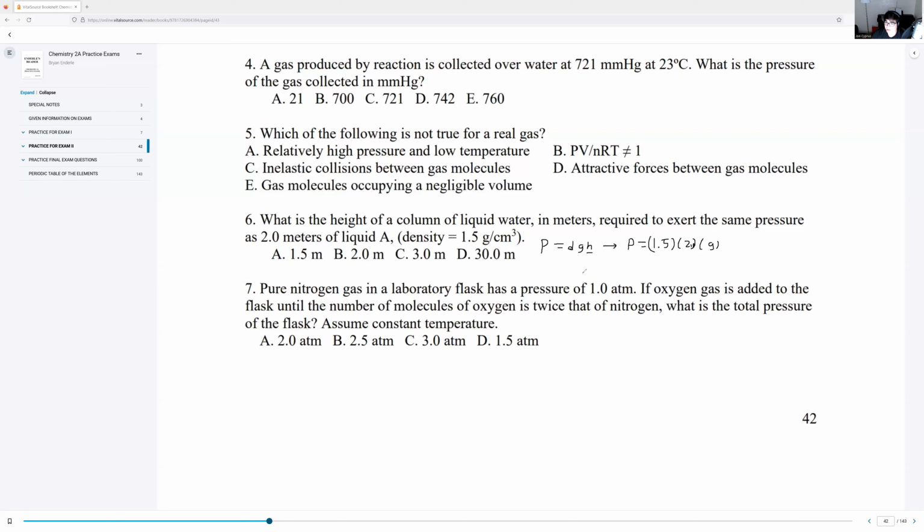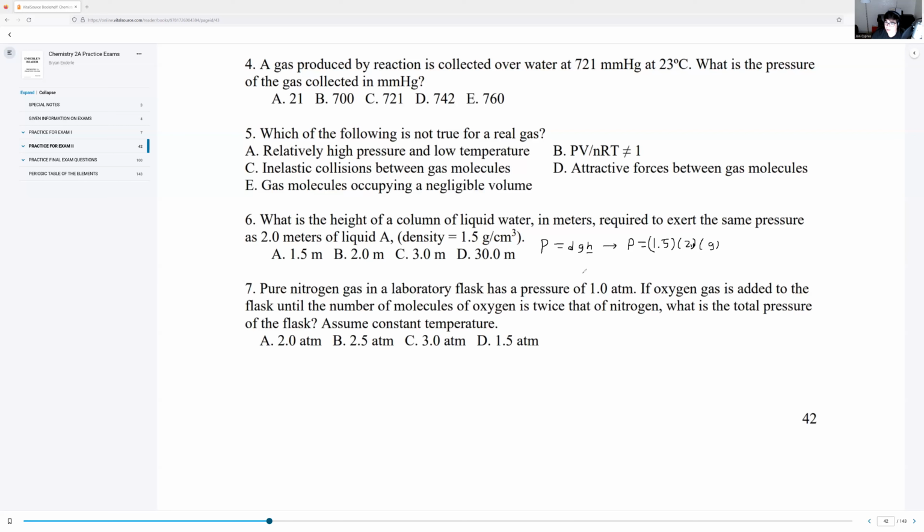Now we want the pressure of water. So what is the height of a column of water to exert the same pressure? We know that the pressure is the same. So the pressure of water is 3G. You could plug in a number there, I'm just choosing not to. And the reason is this is equal to dgh.